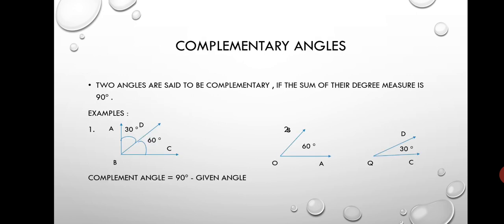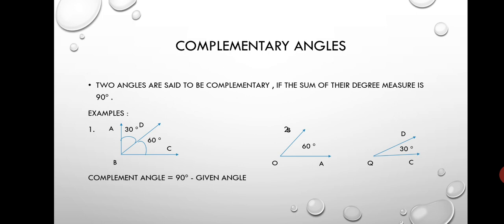The next one is complementary angles. Two angles are said to be complementary if the sum of their degree measures is 90 degrees.